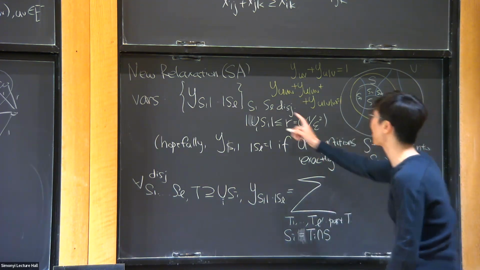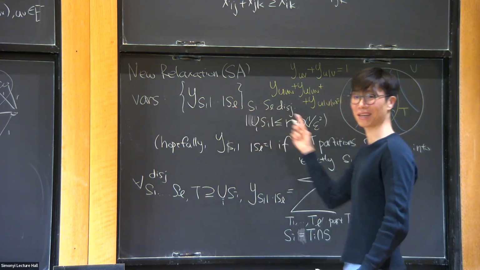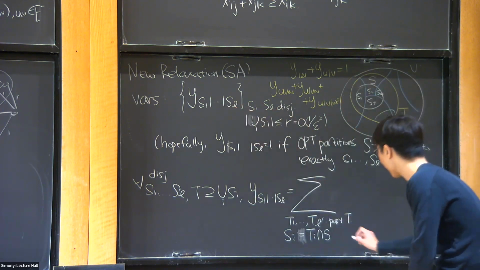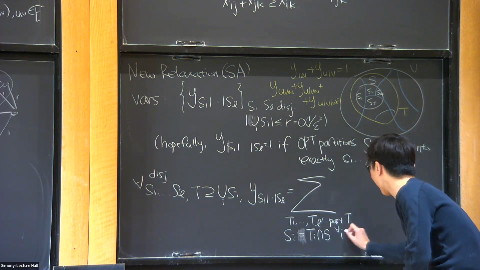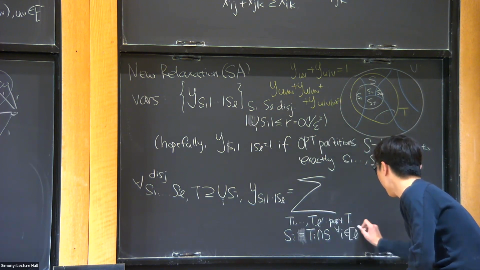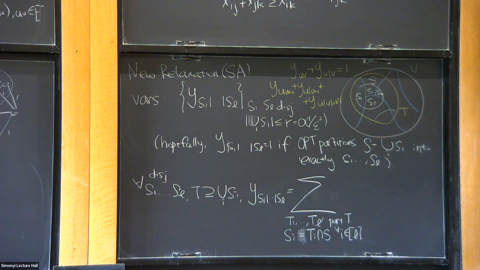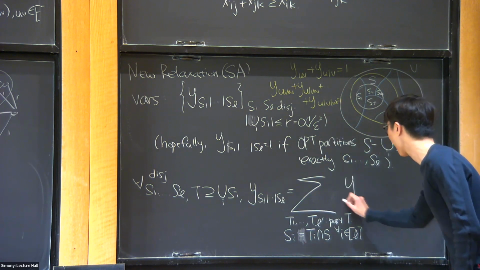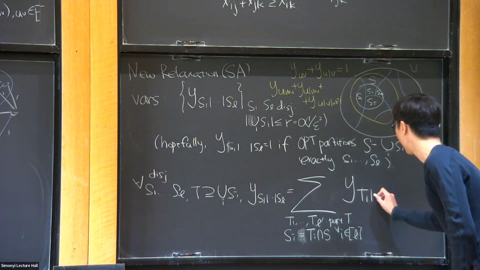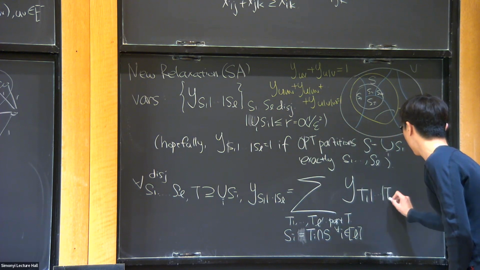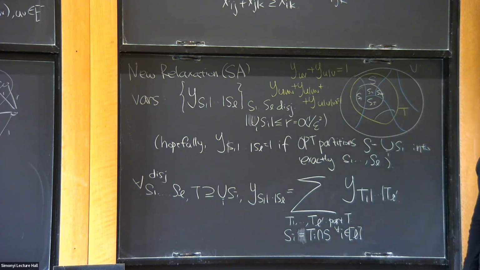I think so because this thing is symmetric, so perhaps this is the correct thing to write. Okay, so this is a very natural consistency constraint that I can write.